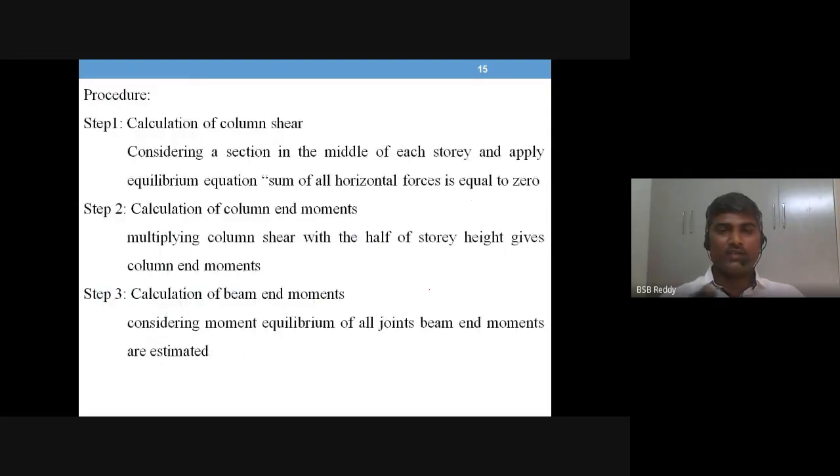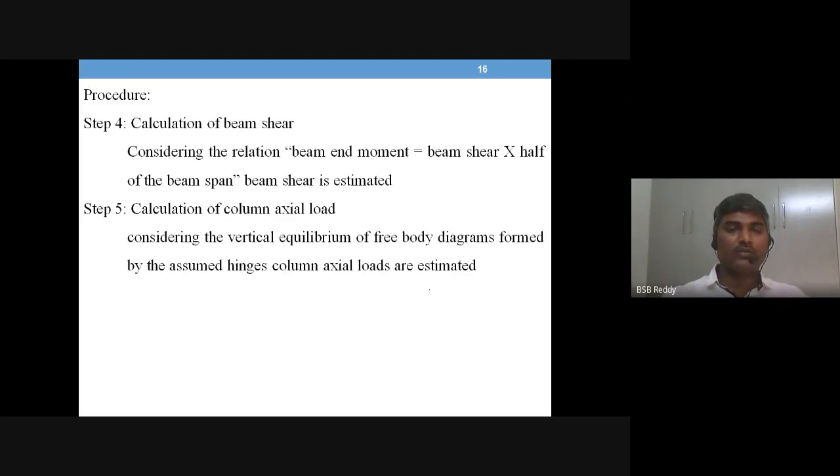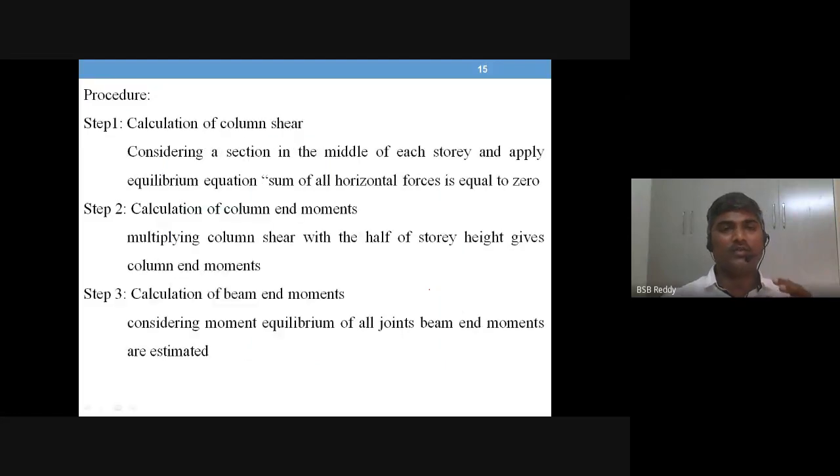Right, let us see the procedure, how you solve using this. You have a total of 5 steps in the procedure. Step 1, calculation of column shear.